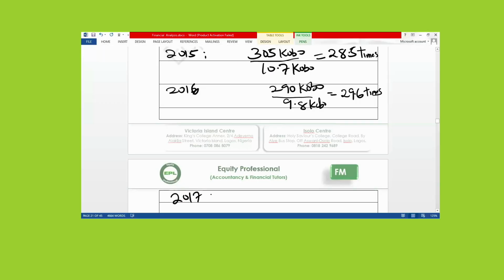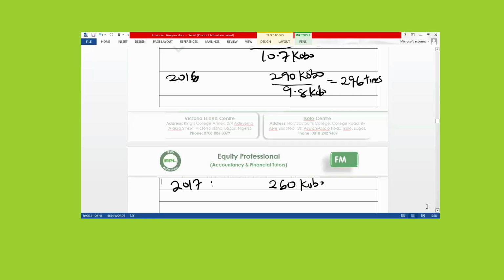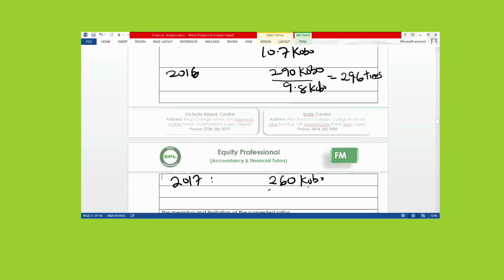2017. Price per share 260 kobo. Earnings per share 12.1 kobo. Please divide. 21.5 times.